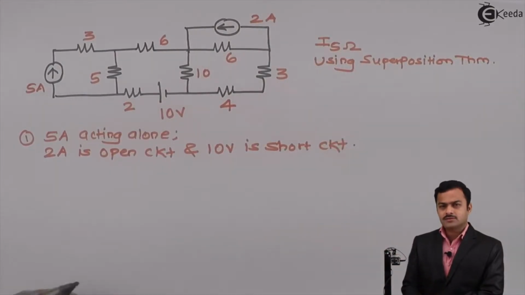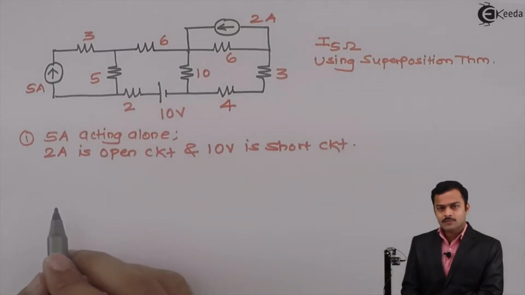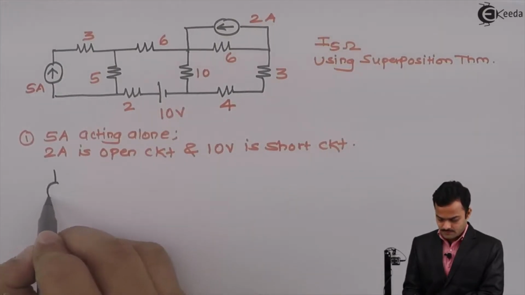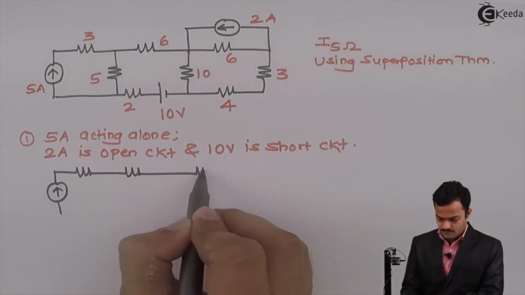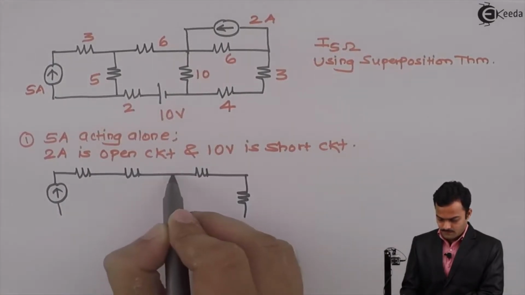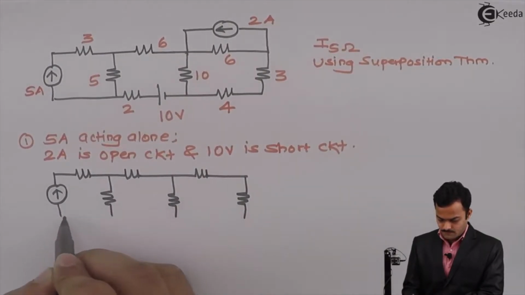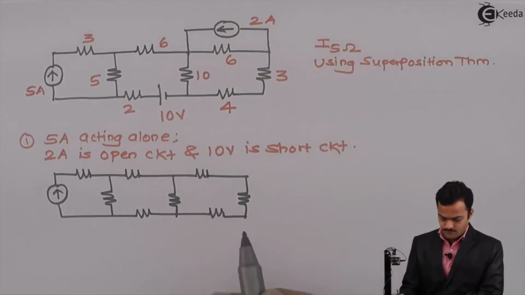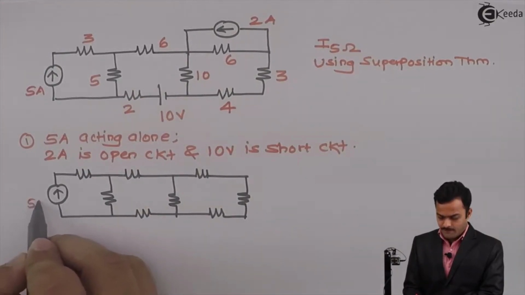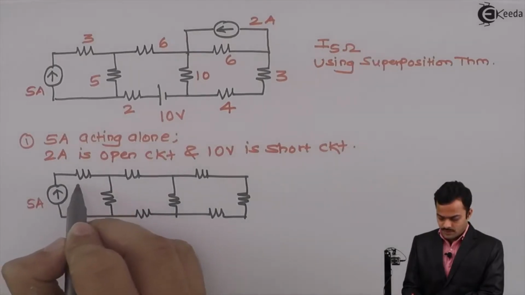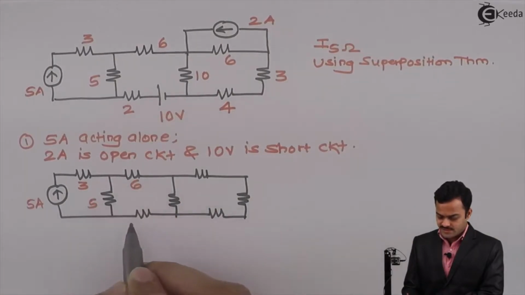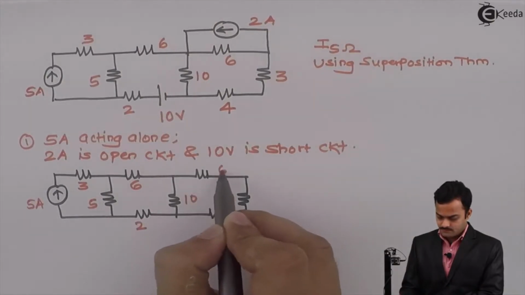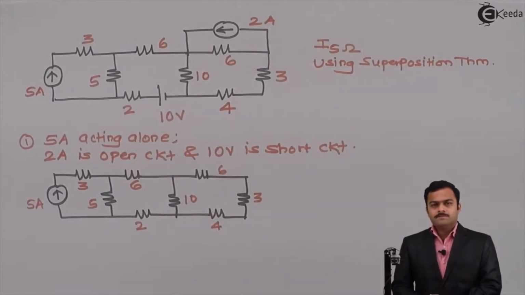So let's redraw the circuit after considering these modifications. Five ampere acting alone, and remember we are not supposed to touch any of the resistances given. Here you are free to use any of the techniques.